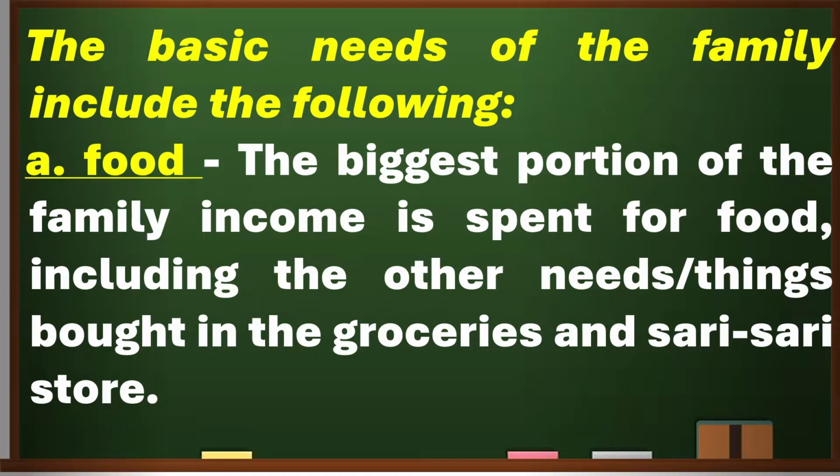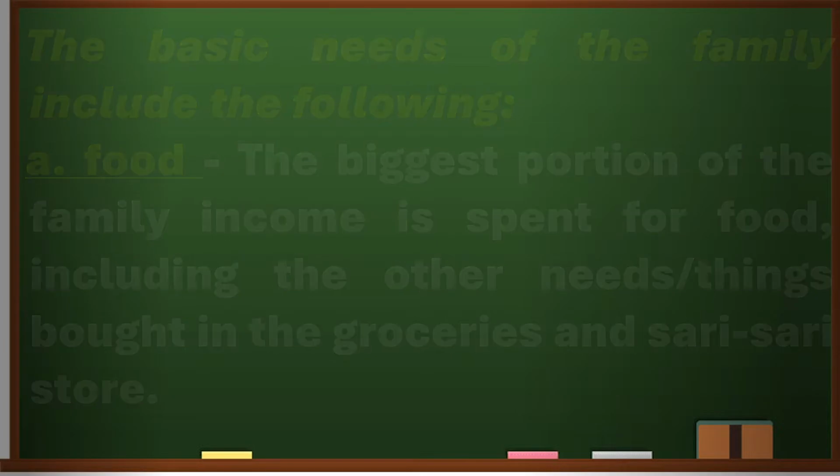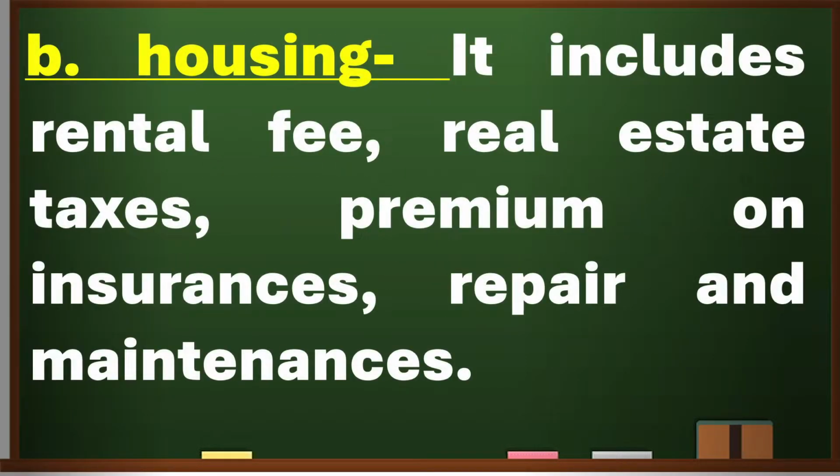The basic needs of the family include the following. A. Food. The biggest portion of the family income is spent for food, including the other needs bought in the groceries and sari-sari store. B. Housing.